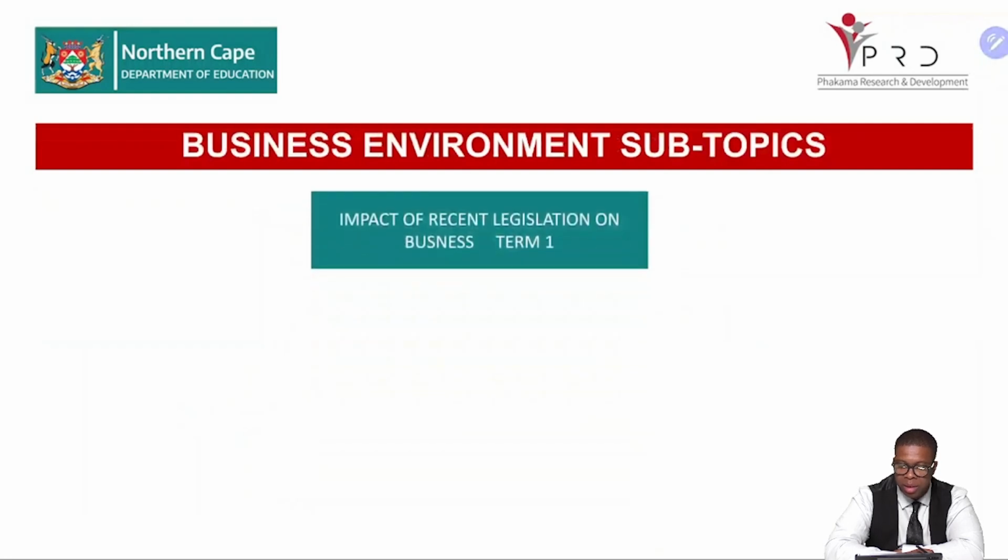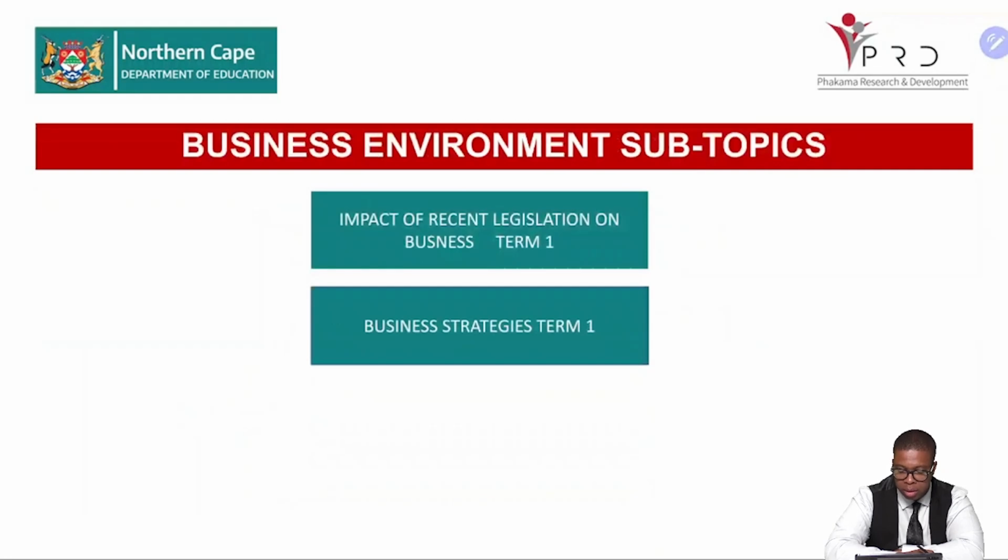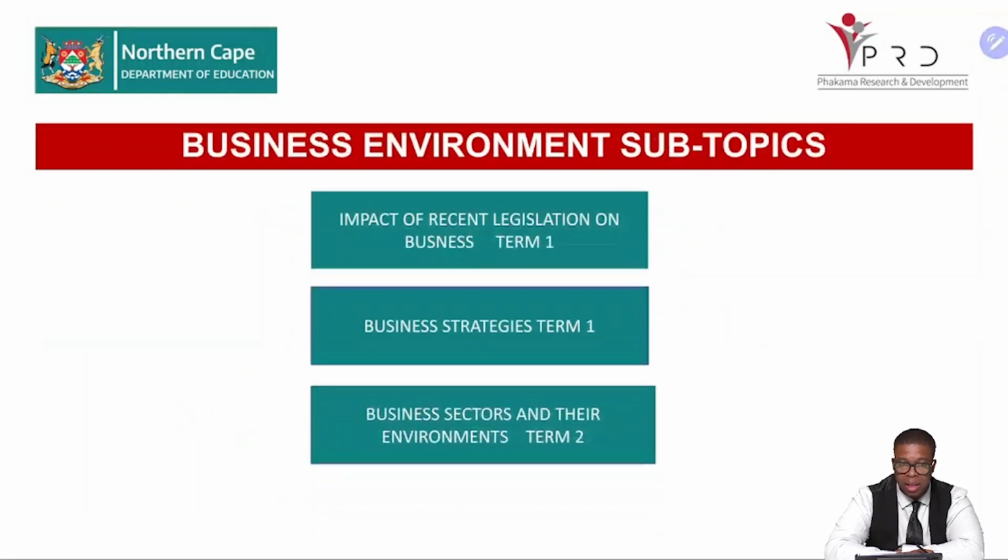The business environment include the following subtopics. Number 1, the impact of recent legislation on businesses, which was taught to you in term 1, and then business strategies, which is also taught in term 1, and business sectors and their environments, which was taught in term 2.